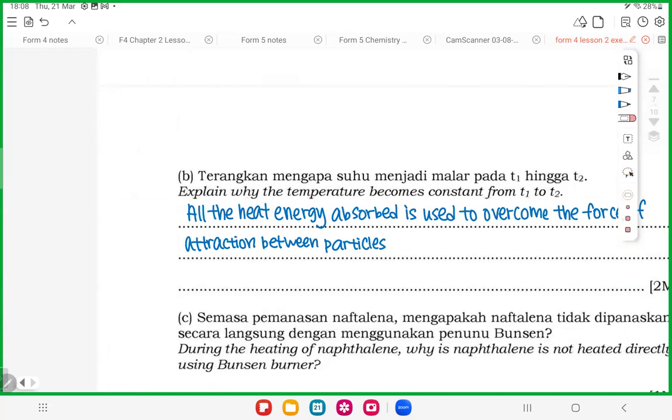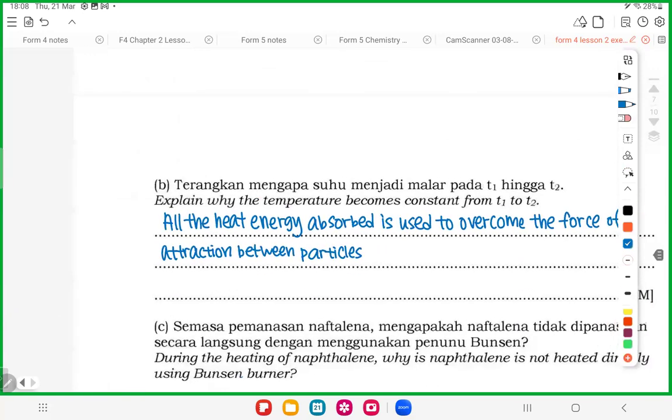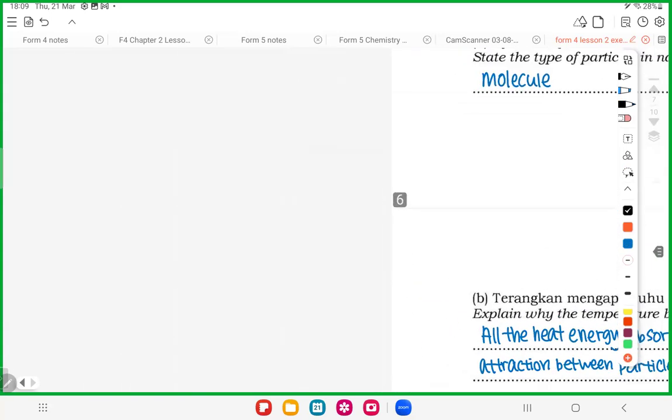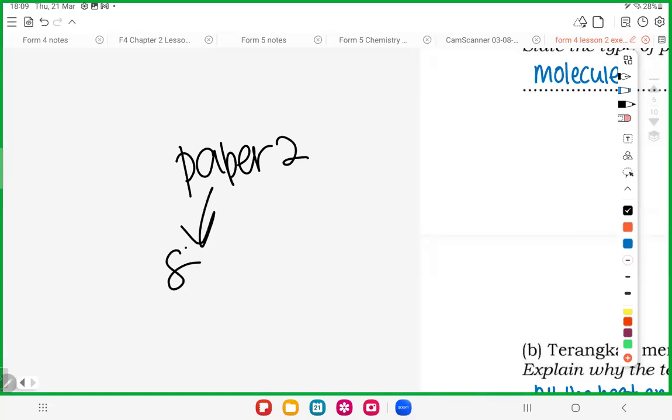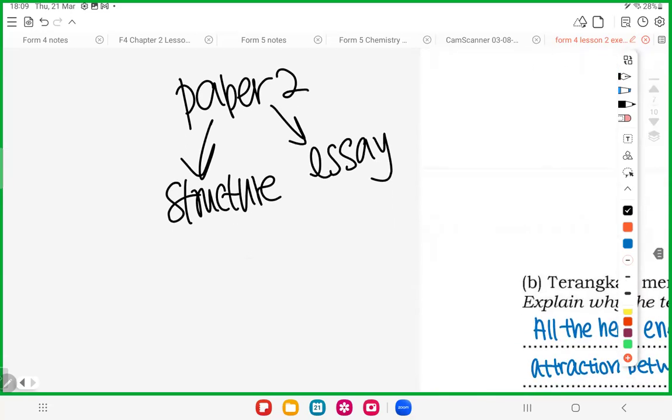So I got a question in the chat box. In the exam, can we write in point form? Not advisable. For your Paper Two, you will learn this later on. Paper Two has structure questions as well as essay questions. For structure questions, don't use point form at all.